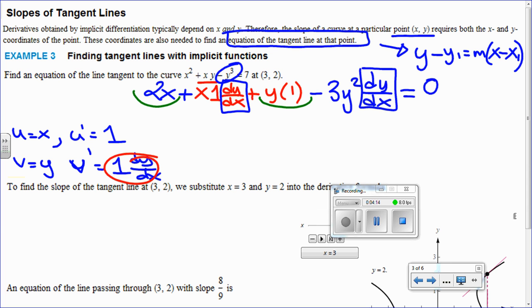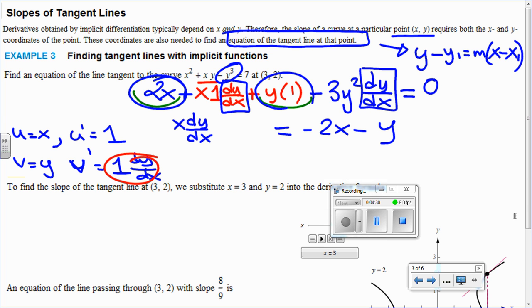Now, if we take whatever does not have the dy dx, we're going to take that to the other side. So this will be, let's say, negative 2x for this one, and then minus y. So on the right side, we will have x dy dx, and then we also have the minus 3y squared dy dx, like that.